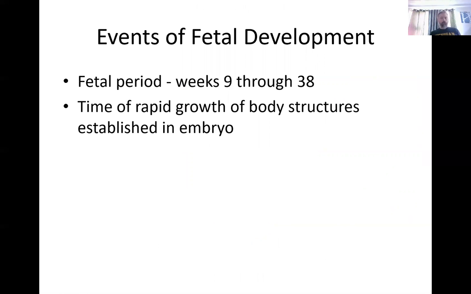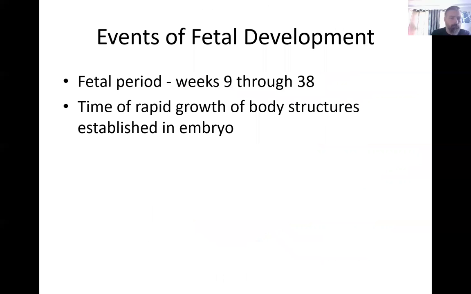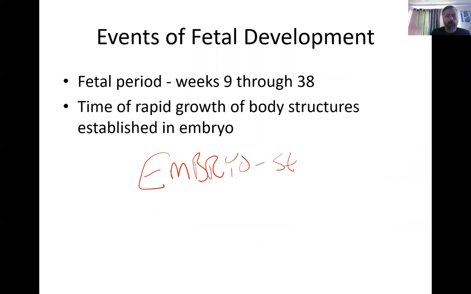The fetal period basically just takes this plan and builds on it. So here in the embryonic stage, if you want to think about it this way, the embryo sets up all organs.